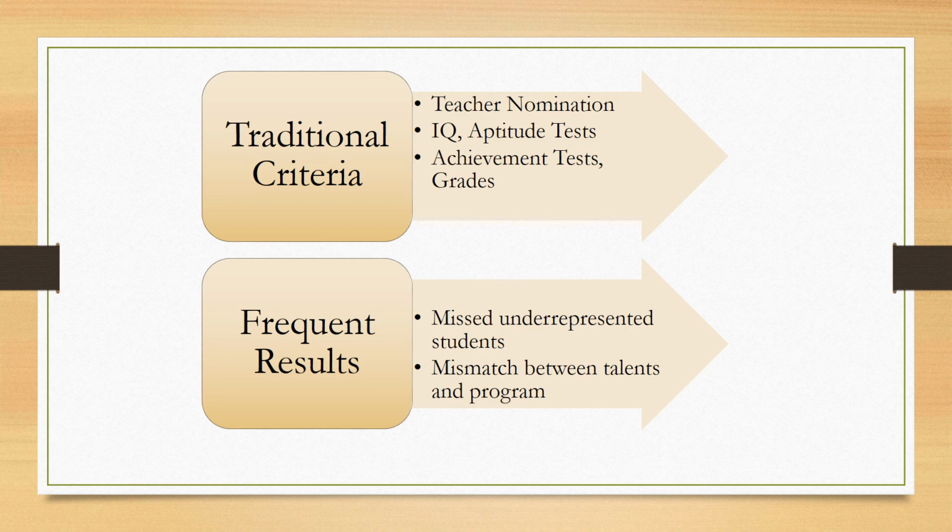They are far less likely to identify underrepresented students than other ways. The frequent results are you miss underrepresented students, and sometimes there's a mismatch between talents and programs. So if you only use an IQ test and then you identify high IQ students, that doesn't necessarily mean they're going to have advanced abilities in math if your program is focusing on math. That's the golden rule we repeatedly talk about.